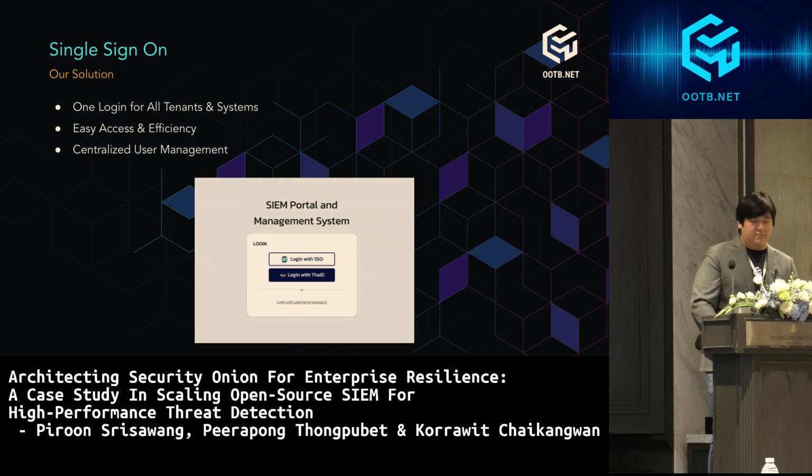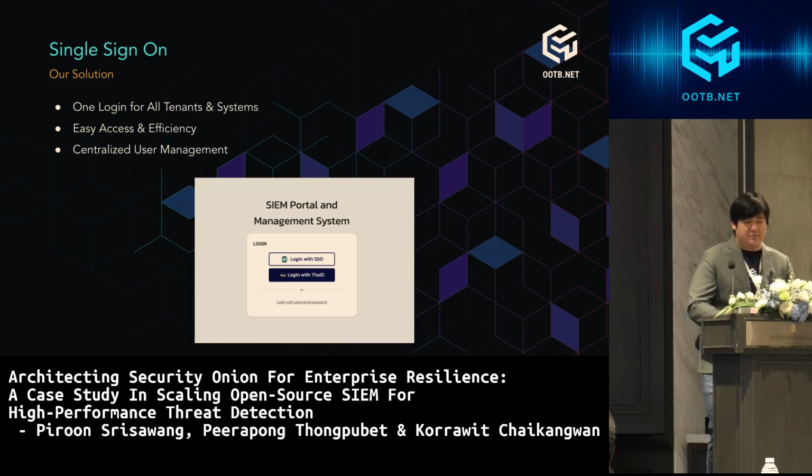When we introduced multi-tenancy earlier, we already built the foundation for centralized login. Each tenant no longer had to manage its own authenticator separately. Now with single sign-on, we take that one step further: one login for all tenant systems. The benefit builds on what we already achieved in multi-tenancy. Users now sign in just once, not once per tenant, not once per application, but a single login across the whole environment.